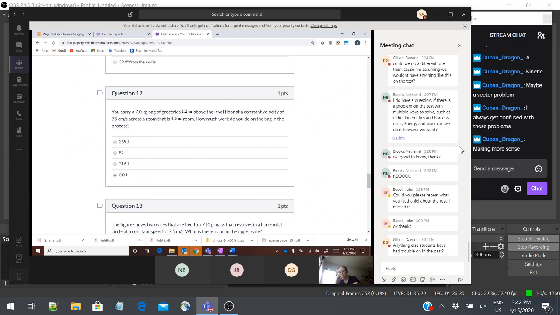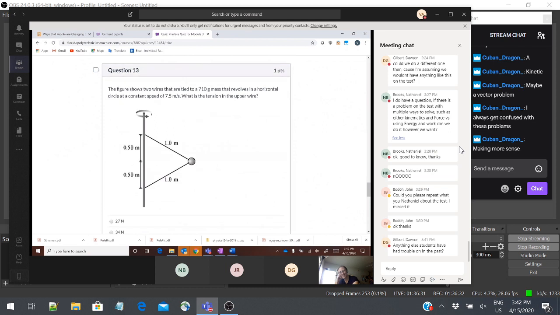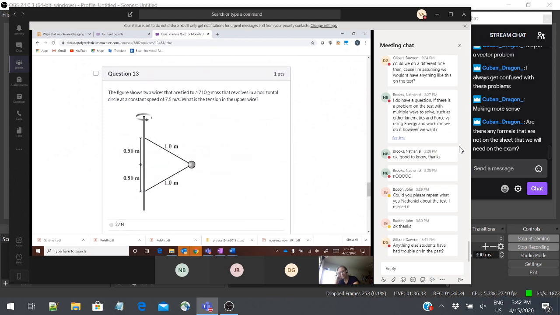Anything students have had trouble on in the past? Lots of things. I would say some of the biggest confusion has to do with doing momentum in 2 dimensions, not just 1 dimension. Are there any formulas not on the sheet that you will need on the exam?